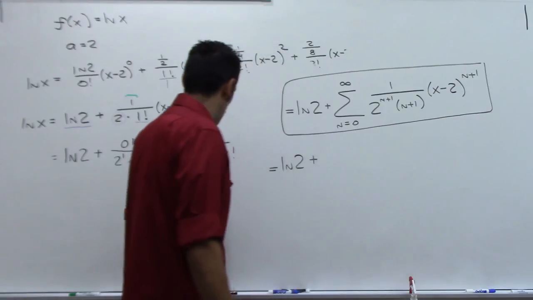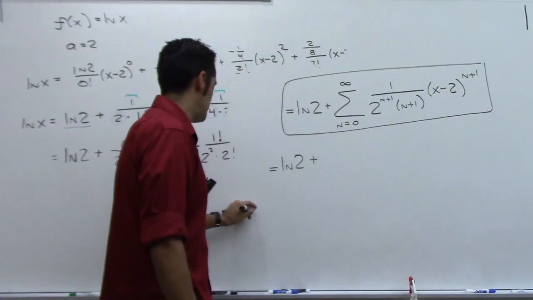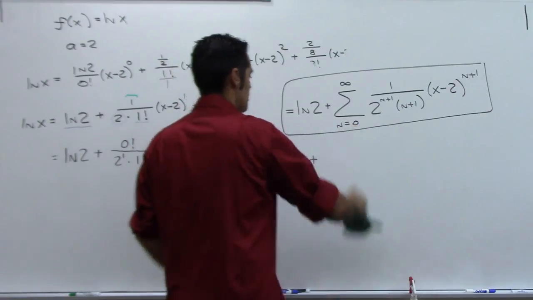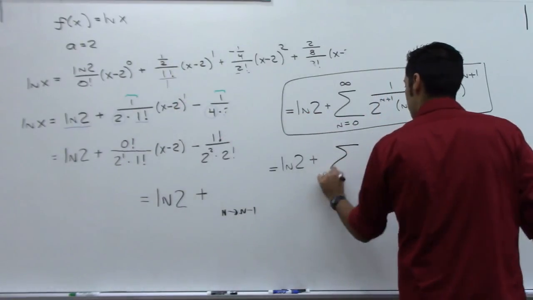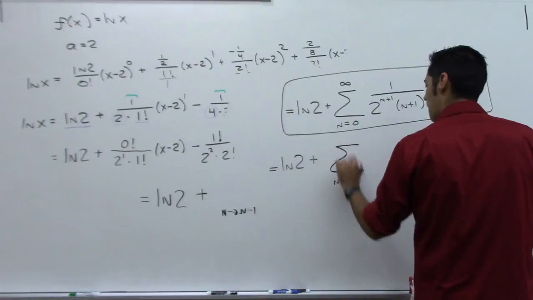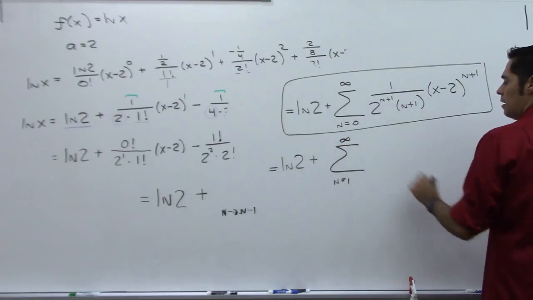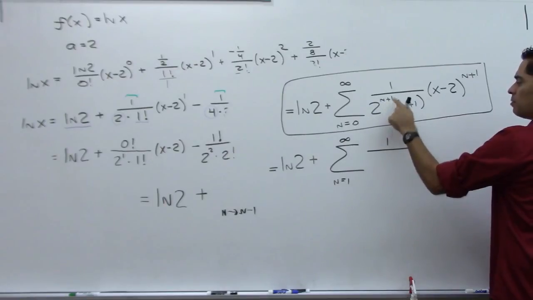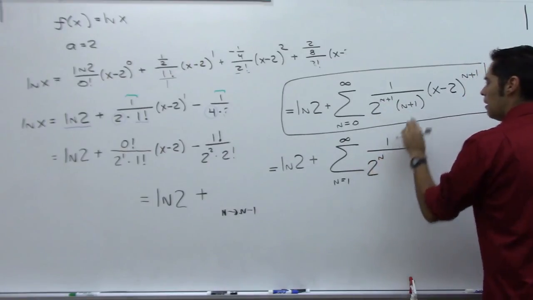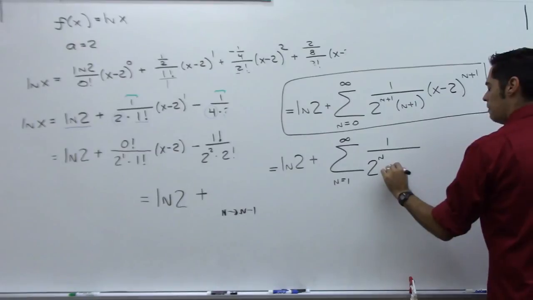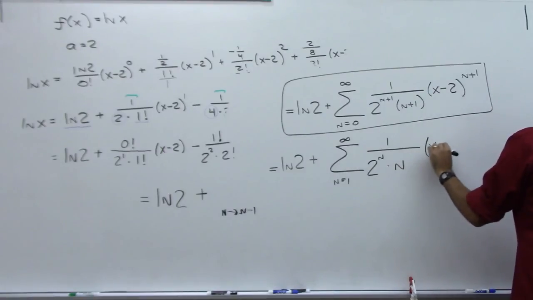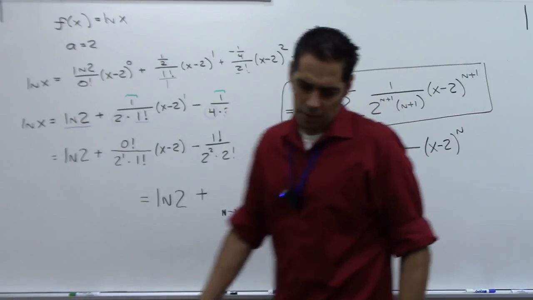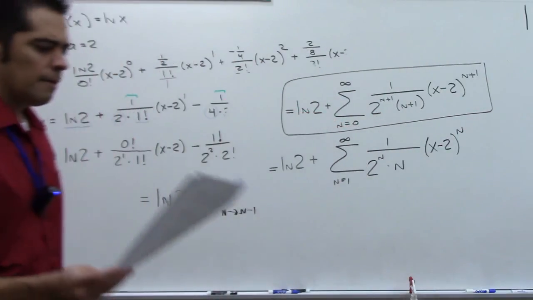So I have to replace all my n's with n minus 1 in order to do that. So when I put n minus 1 here and add 1 to both sides, I'll get my sum to start at 1. And then 1 over, if I replace this with n minus 1, plus 1 is just 2 to the n, minus 1 plus 1 is just n. And then x minus 2, same thing here, n. So I believe that's what the book shows as the answer.